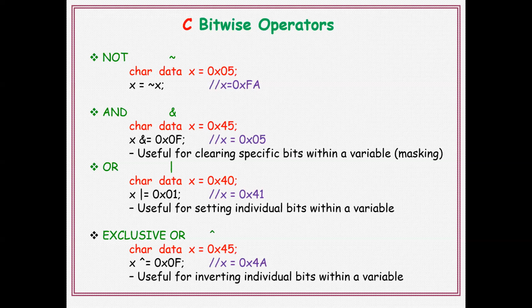And OR operator is useful for setting individual bits within a variable, which is used to set bits. And XOR operation is useful for inverting individual bits within a variable.